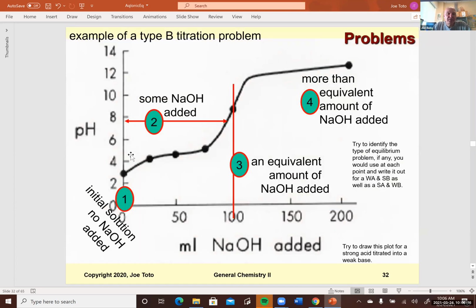Well, this is going to start out very high because the pH is going to be high since you're titrating into a weak base. Again, you're going to have a buffer region where you have the leftover weak base and the generated acid. You're going to need a Kb initially to solve this ICE table.